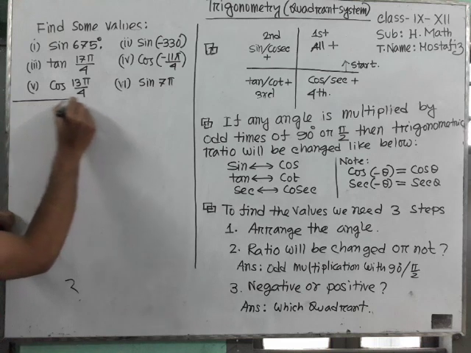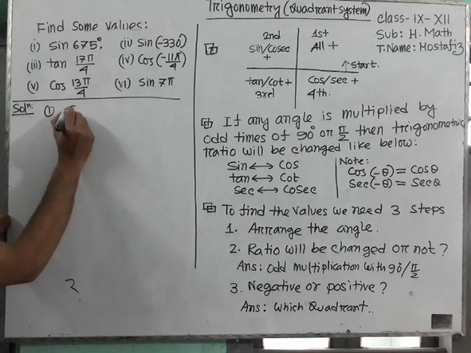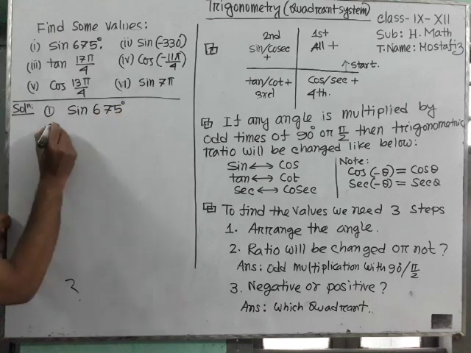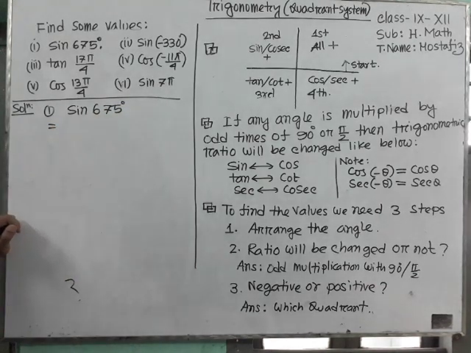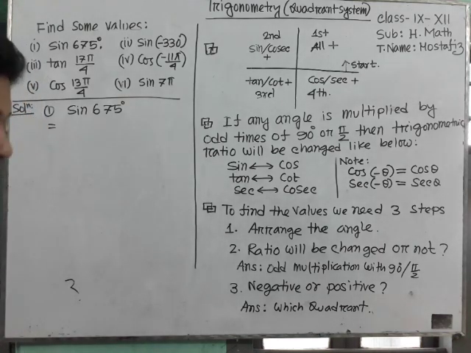First of all, solution: sine 675 degree. First of all, you have to arrange the angle. Okay, 675 degree.